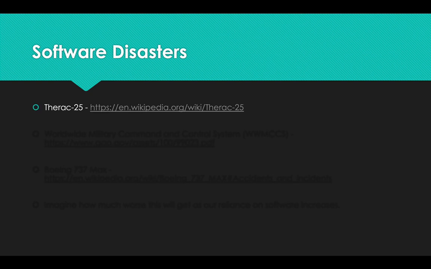Software disasters themselves can absolutely lead to loss of human life. This has been happening for decades and decades and decades. One very well-documented case is the Therac 25, which was basically a controller for a radioactive treatment kind of situation.